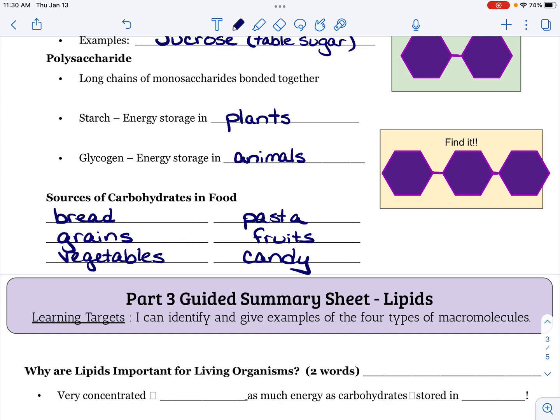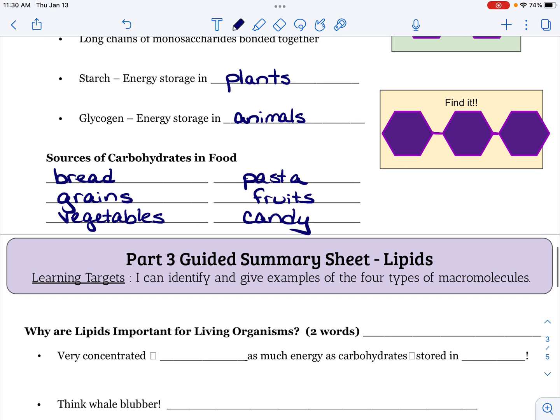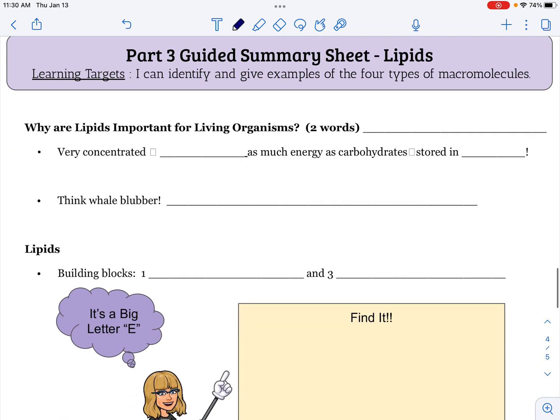All right, move on now to lipids if you missed that section. Part 3. Lipids, in 2 easy words, is energy storage. Unlike carbohydrates, which are quick energy, this is going to be energy storage. And that's because it's very concentrated.